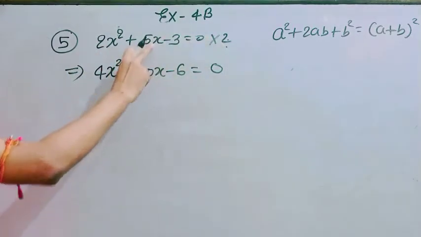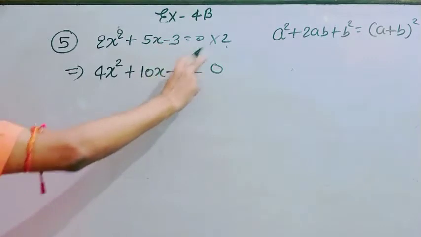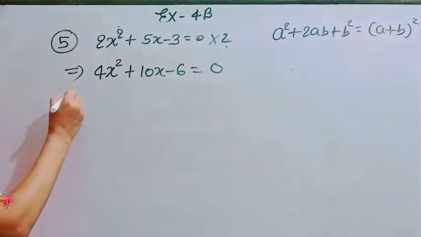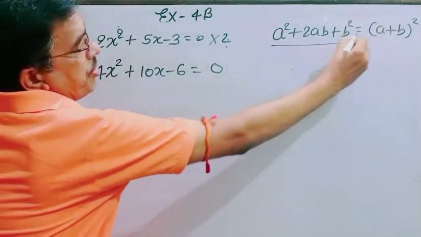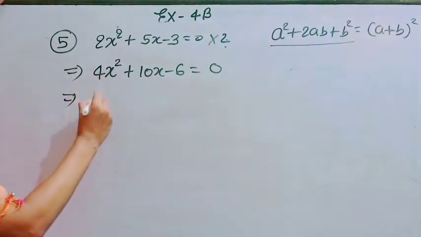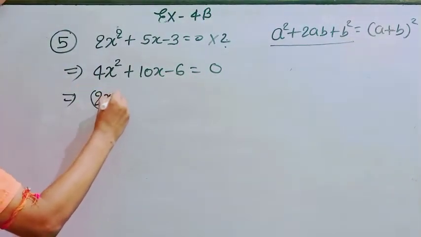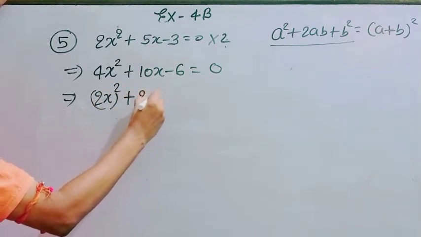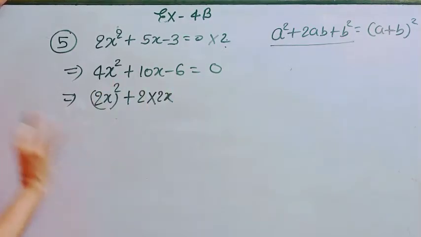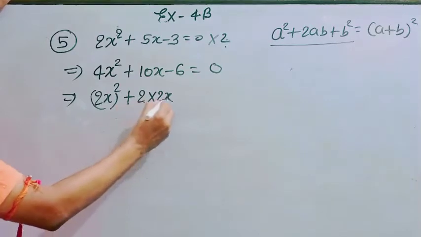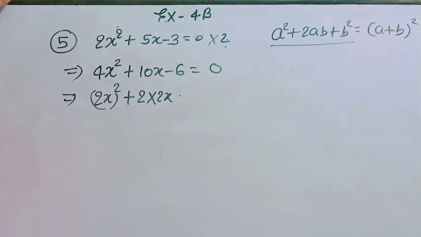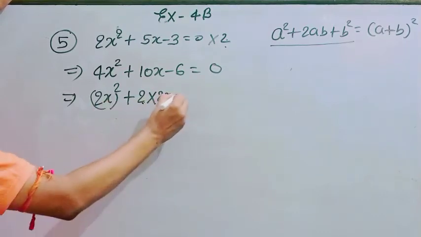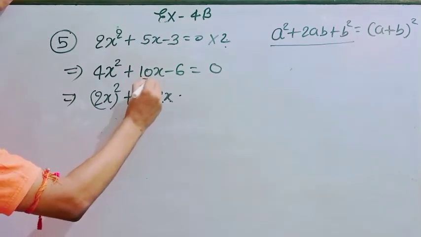2 multiplied by 5x is 10x, and minus 3 into 2 is 6, equal to 0. And now write it in the form of a square plus 2ab plus b square. So you write here a square, next 2ab, 2 into a. Now here is the problem. When 2 into a is written, what number do you multiply to get 10x? Here it is 2 into 2x.